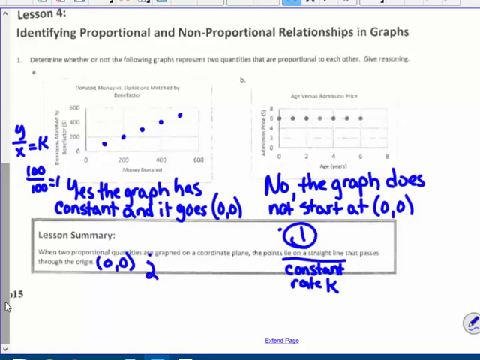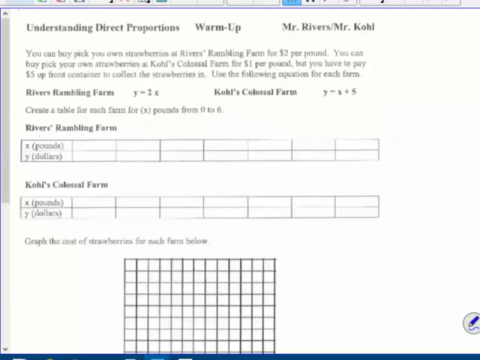So in order for it to be proportional, two things have to be true on a graph. It has to go through the origin, 0, 0, and it has to go at a constant rate of y over x equaling k. So let's see this in some more graphs.